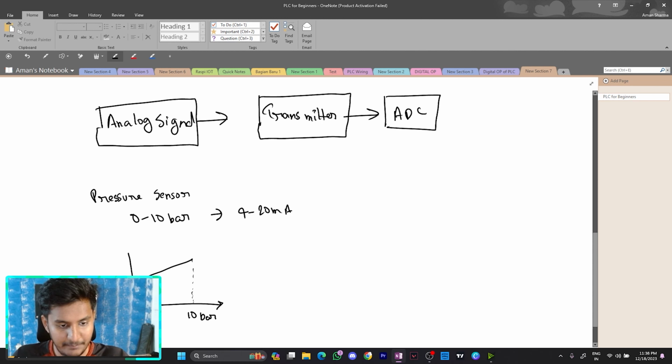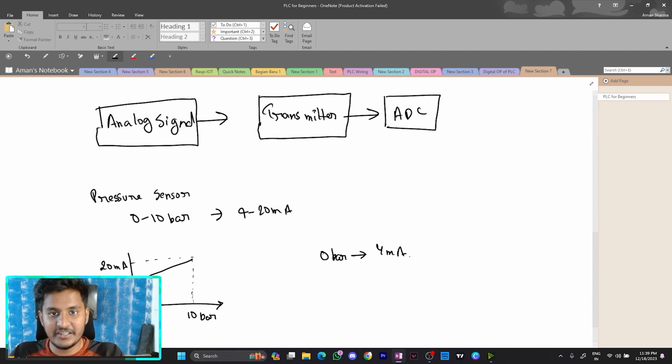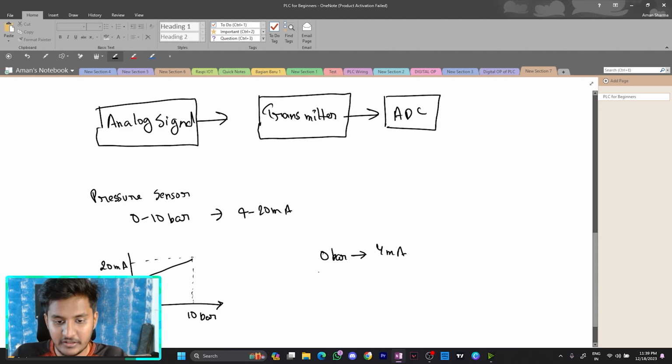This is 4 milliampere and this will be our 20 milliampere. So when the pressure is 0 bar, we have an output signal of 4 milliampere, and gradually when the pressure increases, the current value also increases. When the pressure reaches 10 bar, the final value will be 20 milliampere.